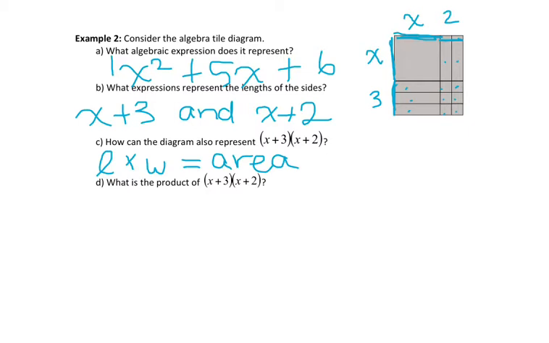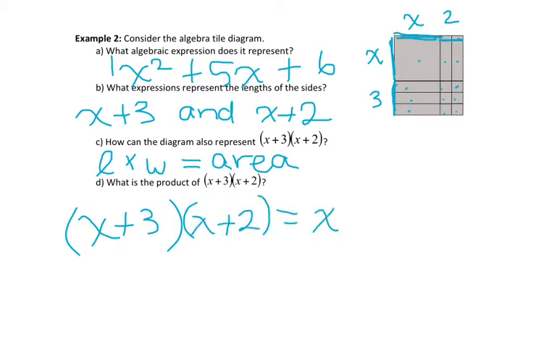The area was my 1x squared plus 5x plus 6. So that means that x plus 3 times x plus 2 is equal to x squared plus 5x plus 6.